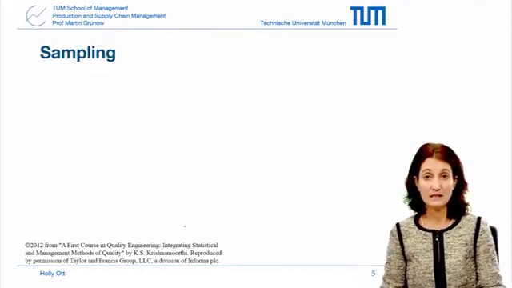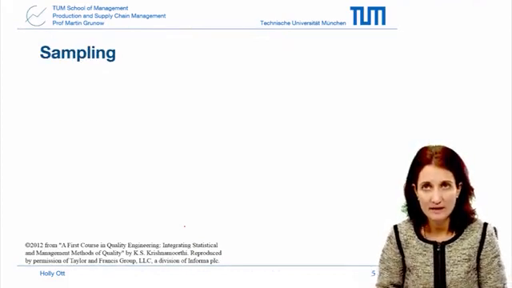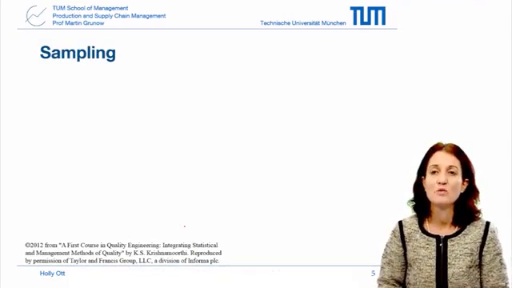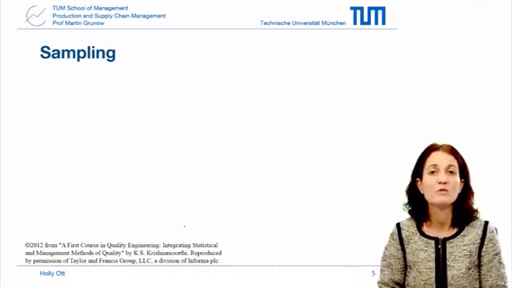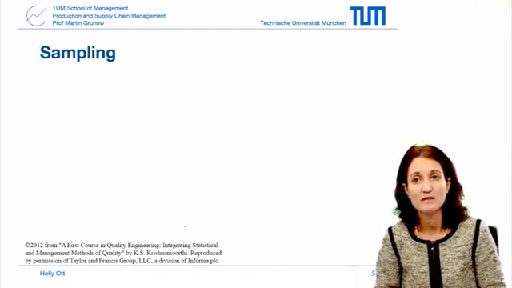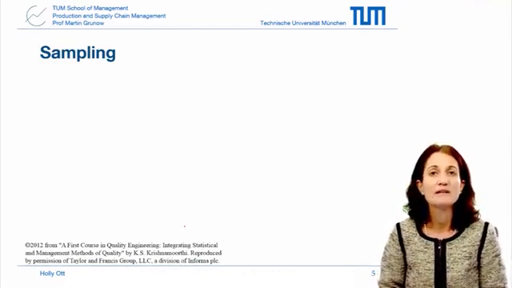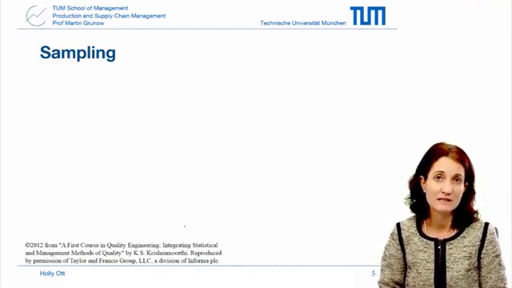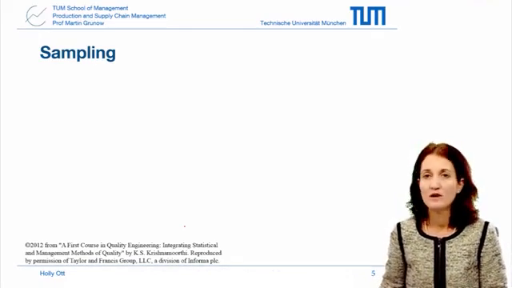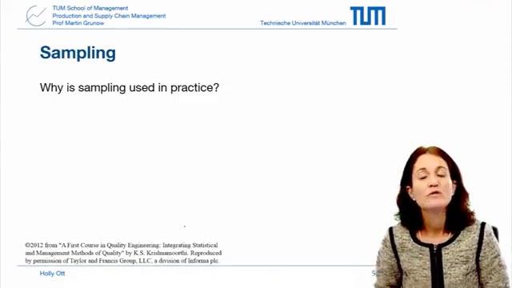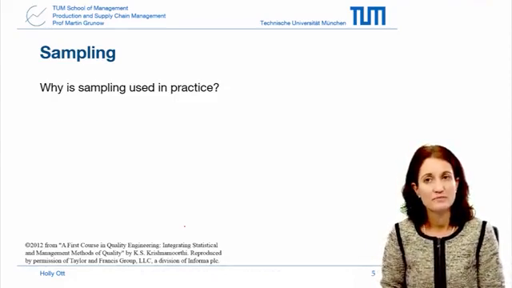Now, in this section, we will take a look at how to apply our normal distribution when we perform sampling as part of quality control and improvement programs. And we will discuss sampling plans then in more detail in session 4. So in the context of quality improvement, we will be choosing parameters to measure.